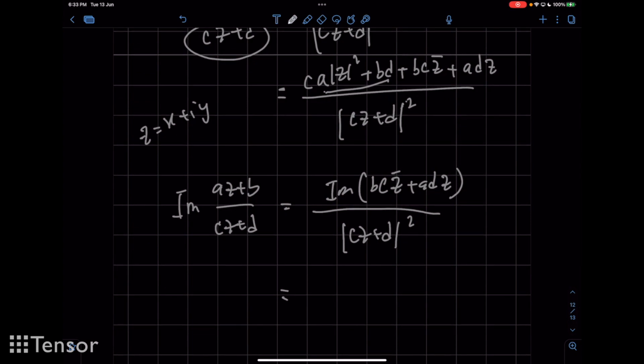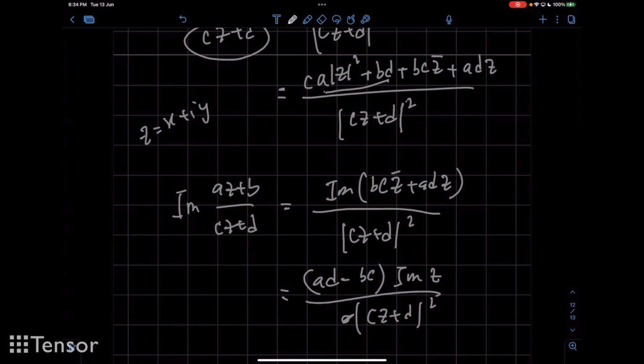So cz plus d mod square is always positive. And this is equal to ad minus bc times the imaginary part of z over cz plus d mod square. We already know that the imaginary part of z is positive, right?